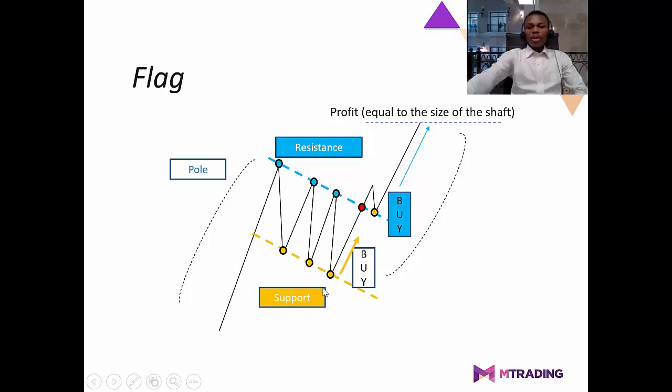Now, when it hits here and breaks, there is an opportunity that now it will come here and revert. When it comes to this point and reverts, it means that now this is no longer resistance, but it has become a support. This is where we have now an opportunity to buy. So now we can measure the amount of points to gain by counting points between the place where this pole started to the resistance.